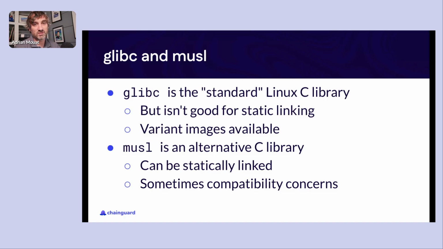And some people also have compatibility concerns because it will do some things differently to glibc. But in the vast majority of cases it should be relatively similar in terms of performance and almost identical in terms of compatibility. It's just the 1% or 0.1% of things that may trip some people up.